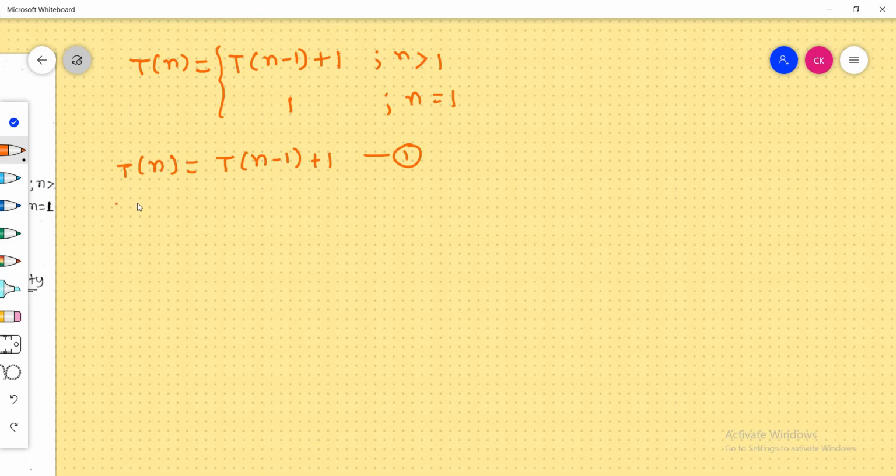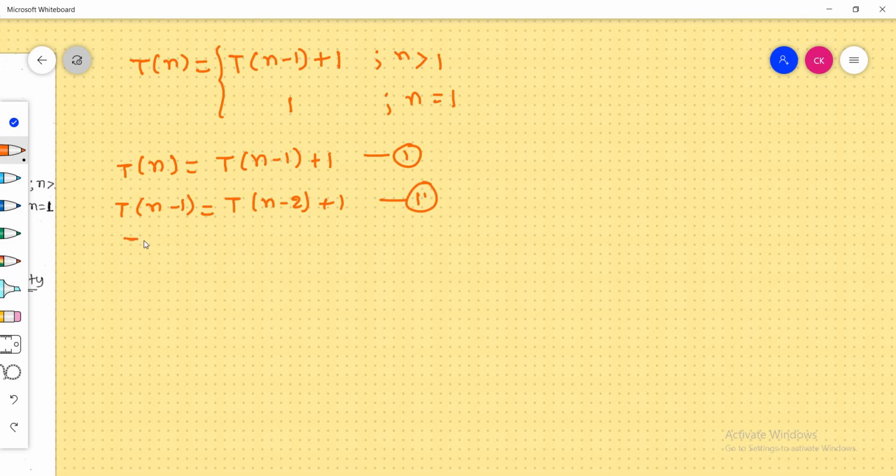Can we write T of n minus 1 is equal to T of n minus 2 plus 1? If T of n is equal to T of n minus 1 plus 1, then of course T of n minus 1 is equal to T of n minus 2 plus 1. This is the second equation.